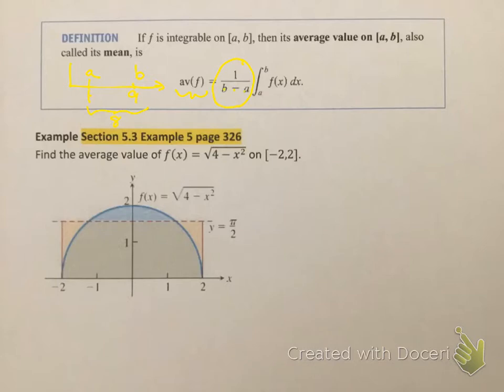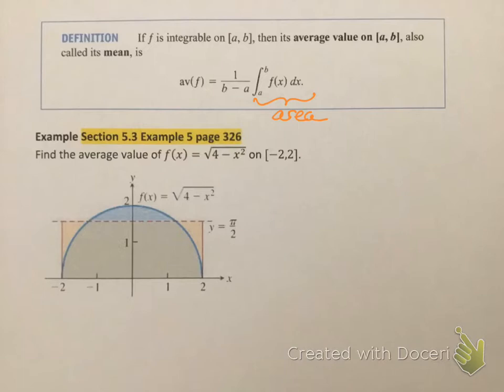Dividing by 8 is the same as multiplying by 1 over 8. So I am taking this 1/8 and I am multiplying it by my area under my curve from that same interval from A to B.